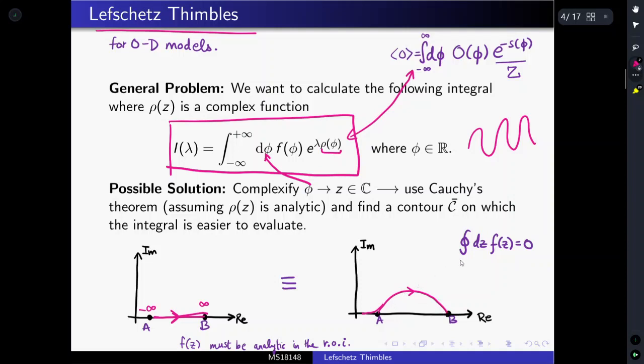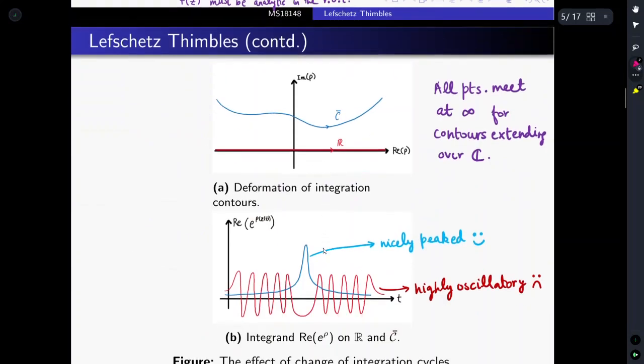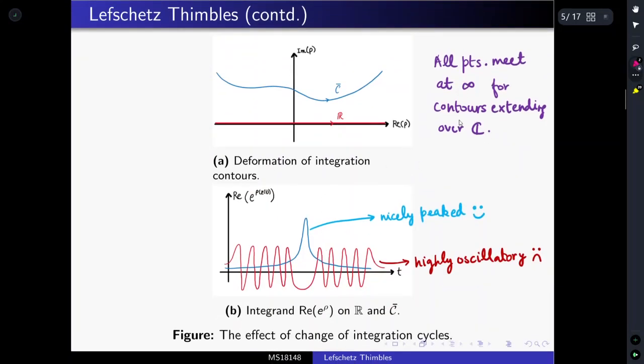Just as a reminder, Cauchy's theorem says that the closed loop contour integral for an analytic function is zero. So you can basically deform the contour as long as the endpoints are fixed, and this is even relaxed if you have infinite range, like in the case that we have here, because all the points in the end match at infinity.